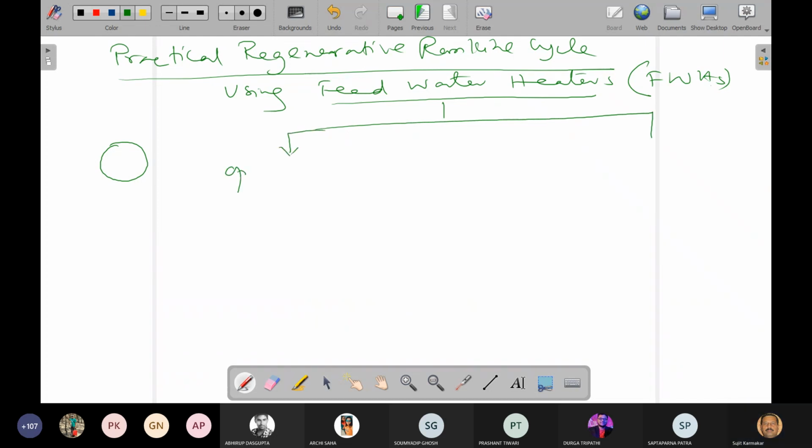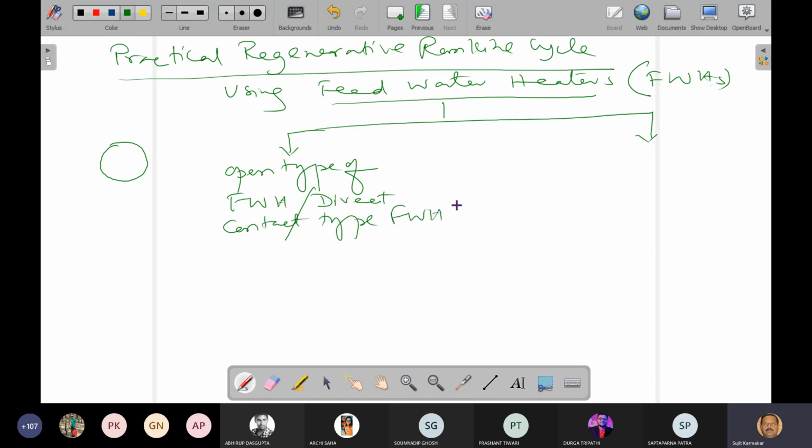One is called the open type of feed water heater, or sometimes the direct contact type, and the other is called the closed feed water heater, or the non-contact type. So it is direct contact or indirect contact type of feed water heater.